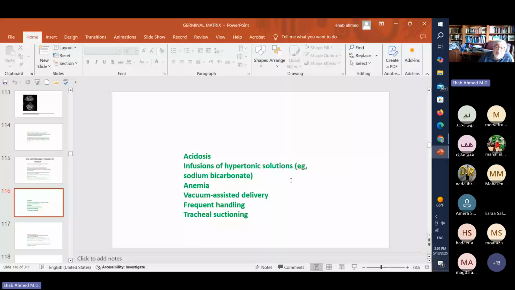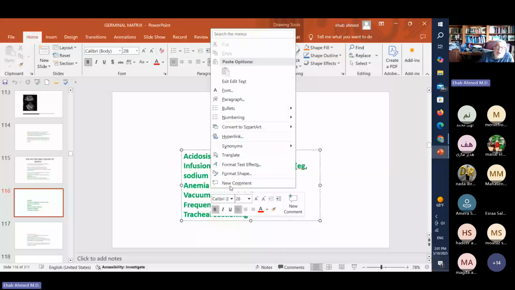You can give sodium bicarb drip over 24 hours, and even less if the gas corrects rapidly, and don't give any boluses. Anemia, because it will add to the hypoxia and will add to the decreased cerebral blood flow and perfusion.